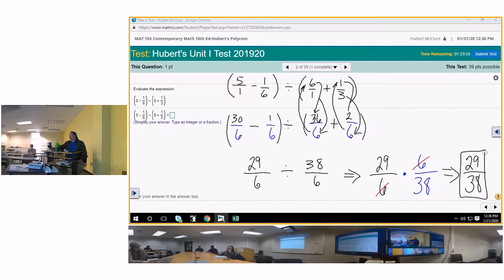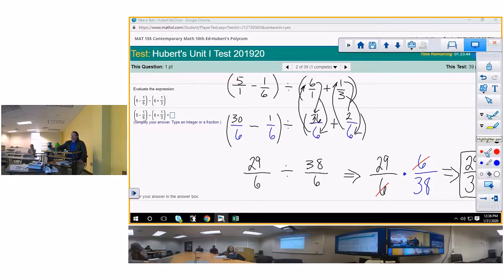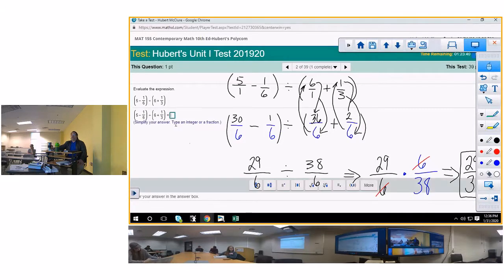Now, if this was 48 or 58, then you could reduce it down to what? 1/2? But it's not 58, it's 38. So I'm going to go over here and I'm going to read the directions, type as a fraction. So 29 over 38.